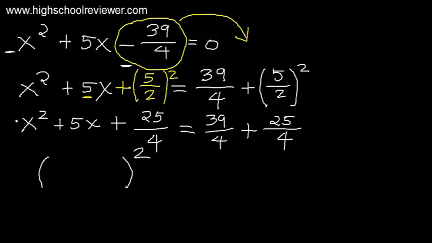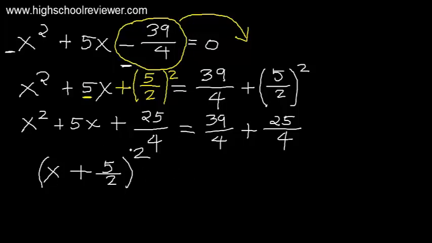Factor x squared, so its square root will be x. And since this is positive, this will also be plus, and the square root of 25 all over 4 will be 5 all over 2. So we have the quantity x plus 5 over 2 raised to the power of 2.